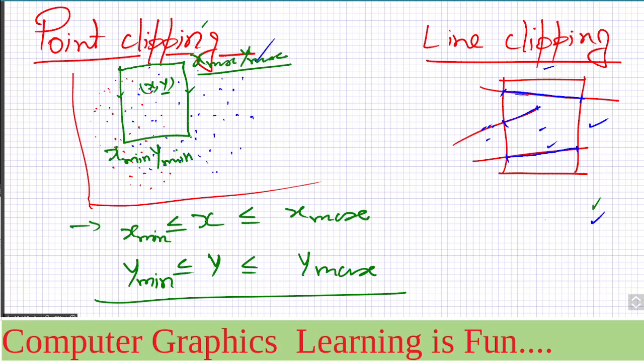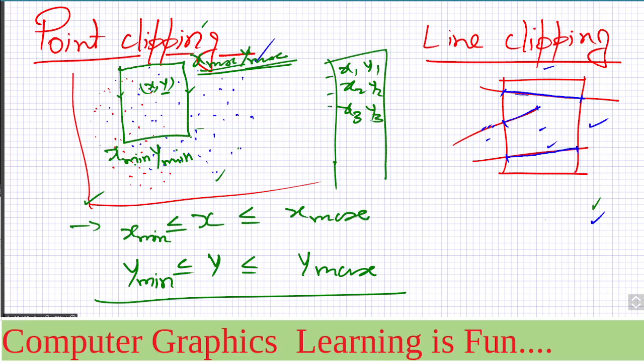Having understood this, you can easily understand that you have to make a function. This function will have the list of points, and the coordinates x min, y min, x max, y max. The list of points means a list of x y coordinates: x1 y1, x2 y2, x3 y3.